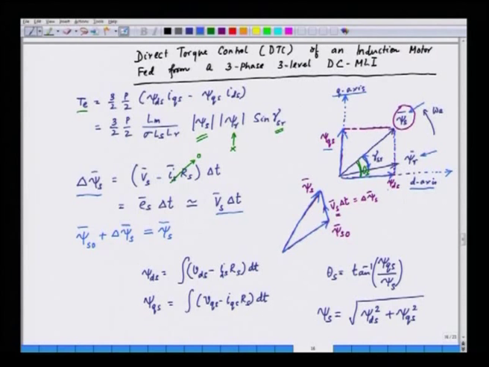So, we have two components of the stator flux linkages, and we can find out this angle theta s. This is the angle theta s that we discussed in the last lecture.